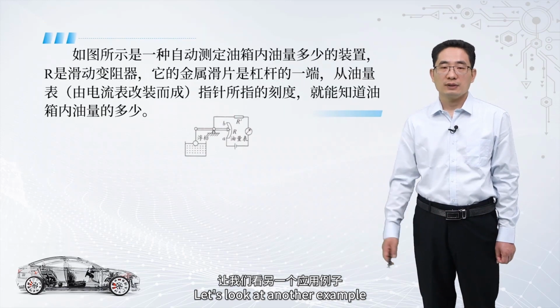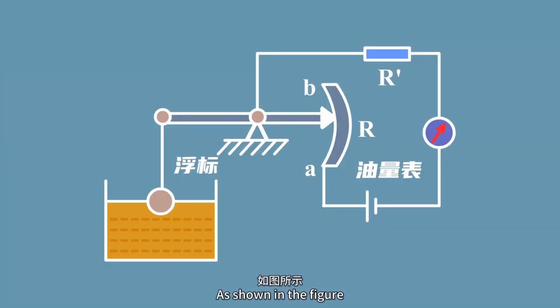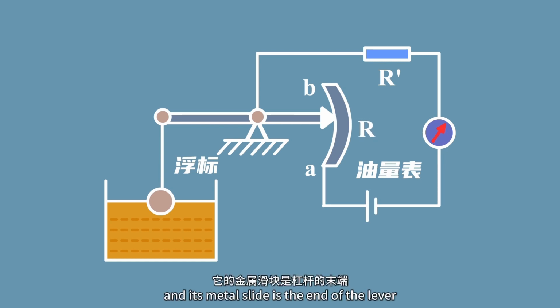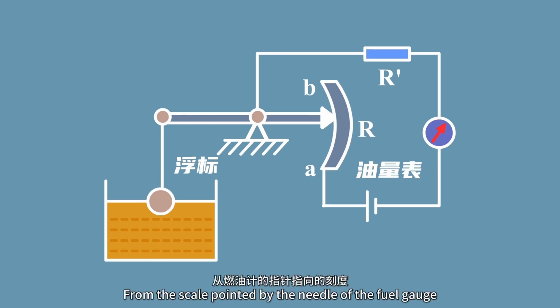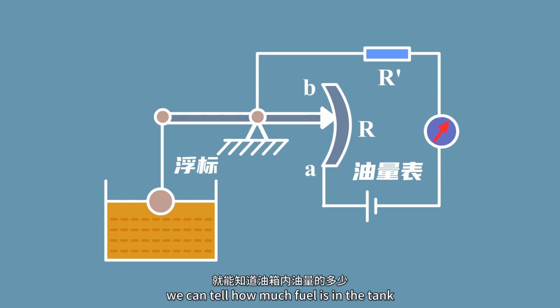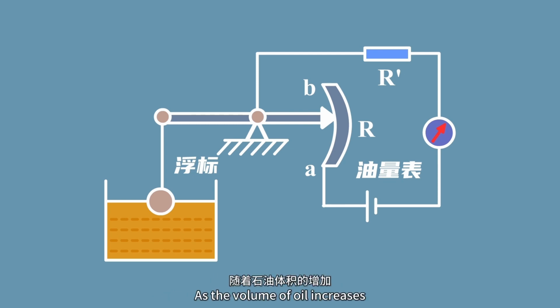Let's look at another example. As shown in the figure, it is a device to automatically determine how much oil is in the tank. R is a sliding rheostat, and its metal slide is the end of the lever. From the scale pointed to by the needle of the fuel gauge, we can tell how much fuel is in the tank. As the volume of oil increases, the float moves up.